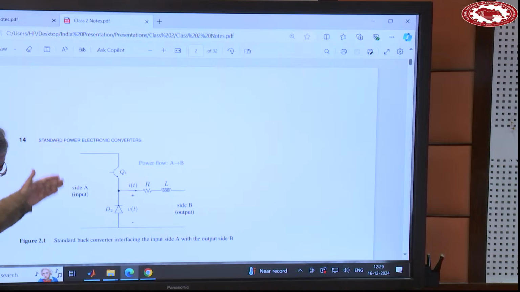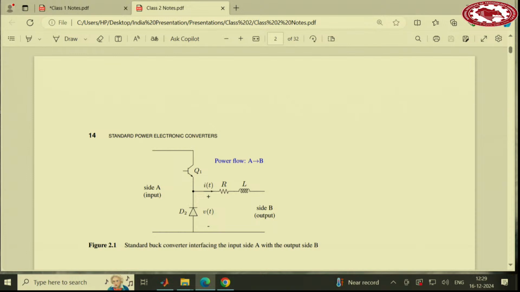So you have one side, again, let's go with side A and side B. You have side A here, side B, and there is a switch here, a diode here, and an inductor here.